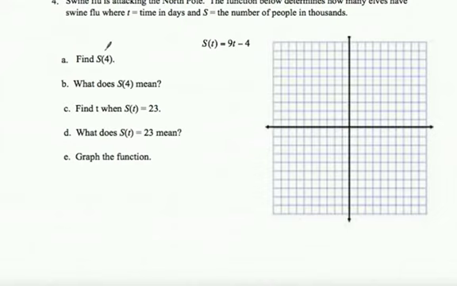So that means that I'm plugging in 4 for t, because the 4 is in the parentheses where the t is. So that means that I would do 9 times 4 minus 4. 9 times 4 gives me 36 minus 4, which gives me 32.